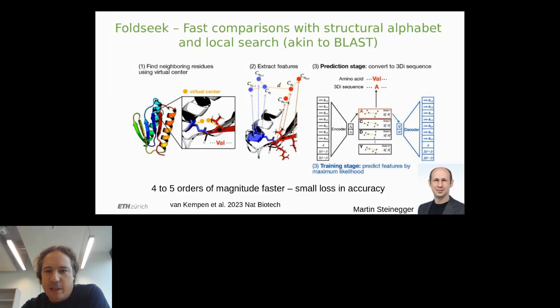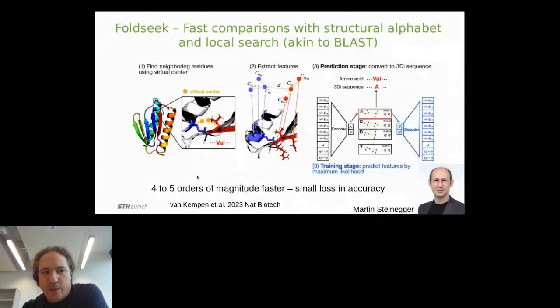The way he has done this is they train a variational autoencoder to take in positions of proteins in three-dimensional space and encode those into an alphabet, where instead of having a residue such as the amino acid alanine, lysine, etc., this is encoded into a three-dimensional alphabet that, in principle, understands the structural environment of that position. In this way, you can take a structure and encode it into a sequence. And that sequence is now a representation of that structure.